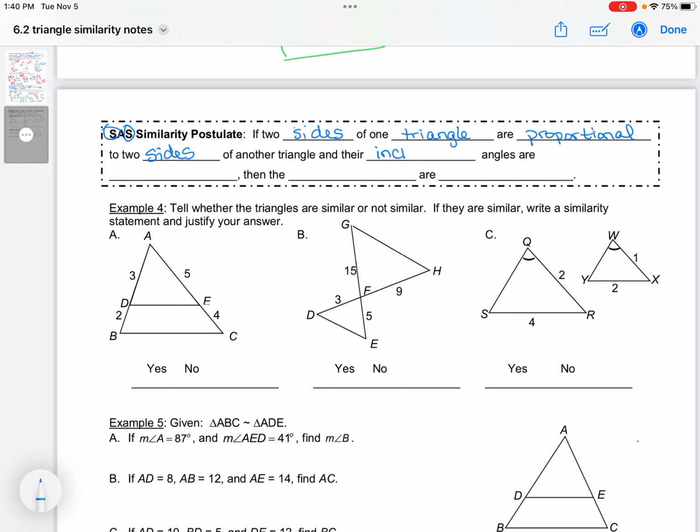Let's put that, I don't know if that's right, but if the included angle, which is the angle between them, are congruent, then the triangles are similar.